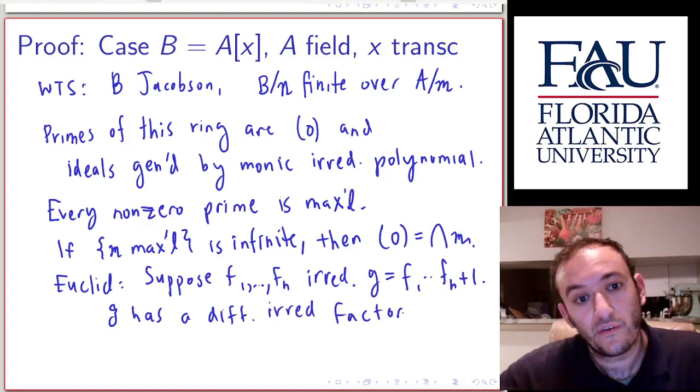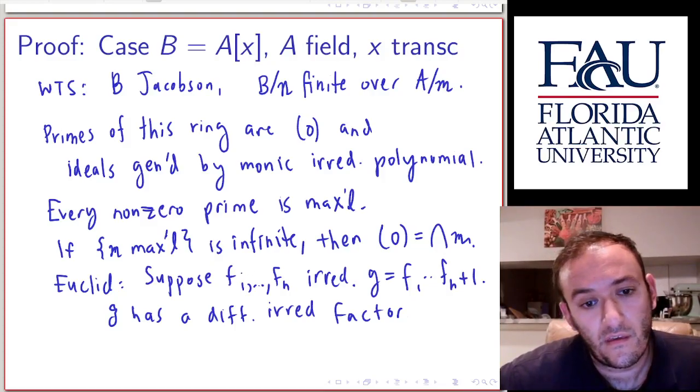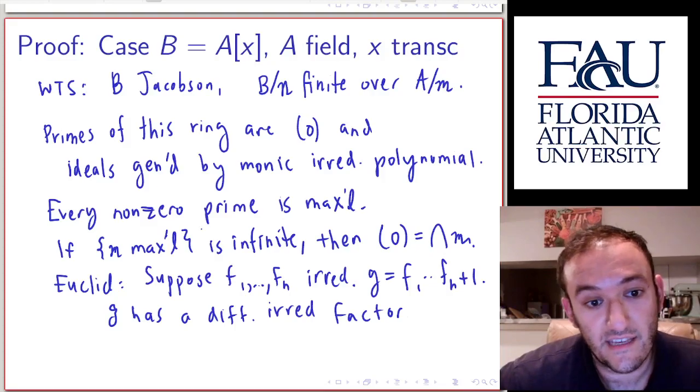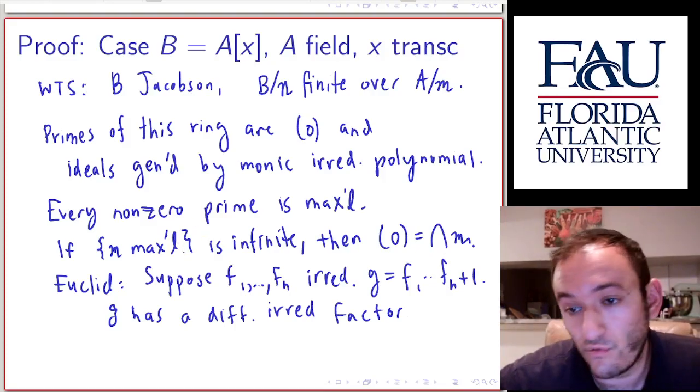Okay, so that tells us that we do have infinitely many maximal ideals, which tells us that 0 is the intersection of those maximal ideals. So far we've proved that B is Jacobson.